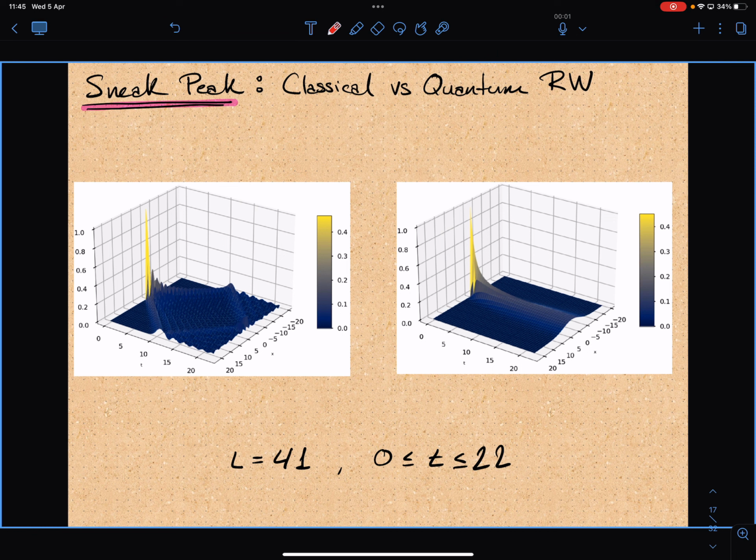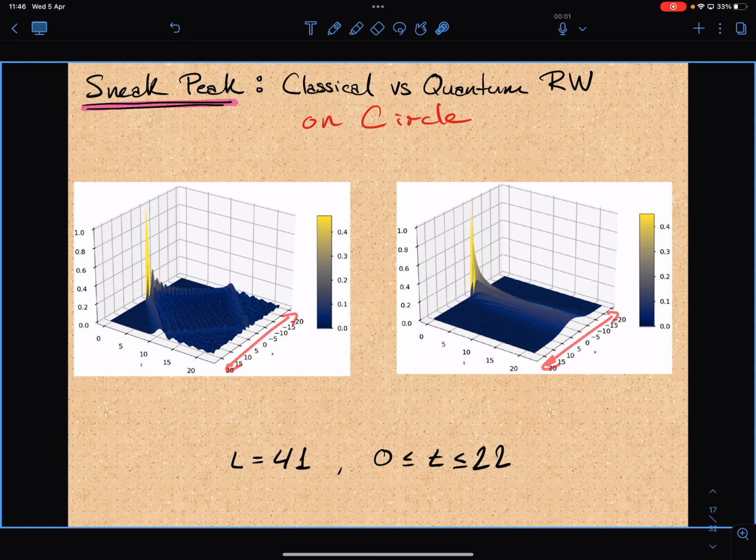These are two plots, classical versus quantum random walks on a circle. One of them is a quantum walk and the other one is a classical walk. The length of the circle here is 41 and the time here is 0 to 22. Time you can see running this way. The probability goes this way and space goes this way.